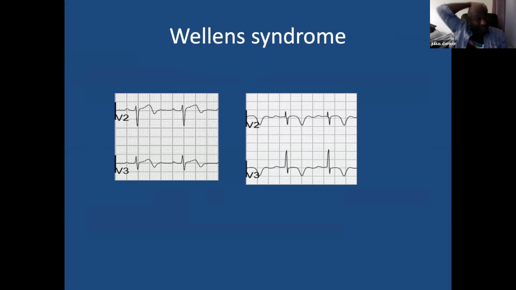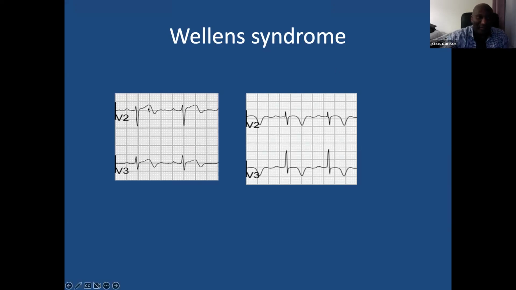So we spoke about Wellens syndrome as well. If you look at V2 to V3, there are two different types. You can get it after the onset of chest pain. The first one is your biphasic T wave.